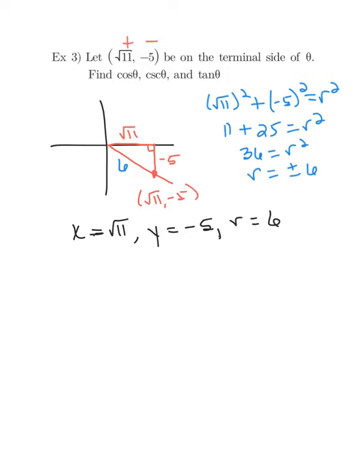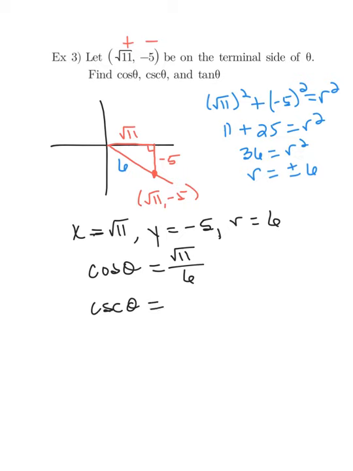So to do the functions we are asked to do, we want to do the cosine of this theta. We just said that cosine equals x over r in our new definitions. So if we put our x over our r, we get the square root of 11 over 6.